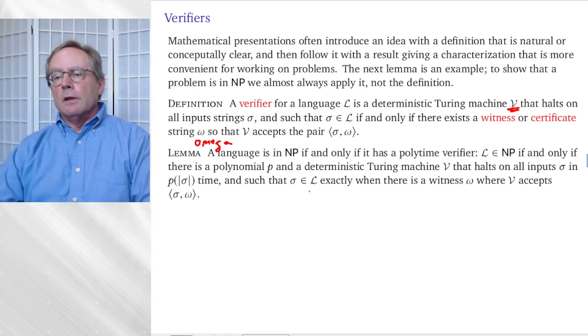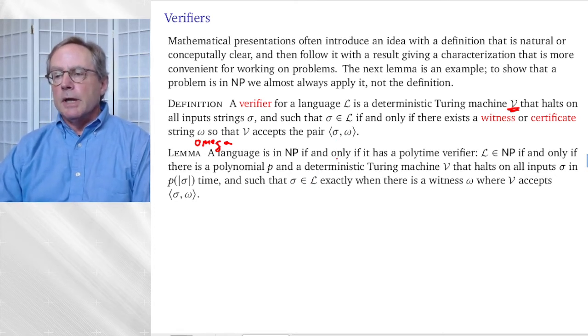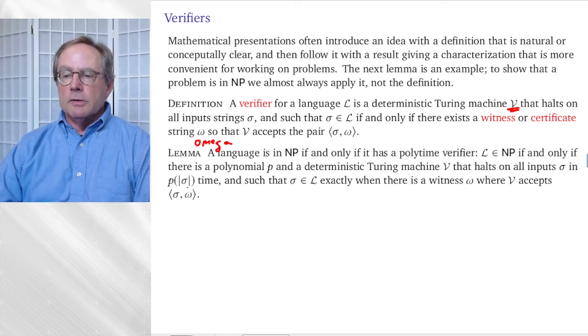Okay, and then the lemma is that a language is in NP if and only if it has a polytime verifier. L is in NP if and only if there's a polynomial P and a deterministic Turing machine V that halts on all inputs in time that is polynomial in the length of sigma, and such that sigma is in L exactly when V accepts the pair sigma comma omega.